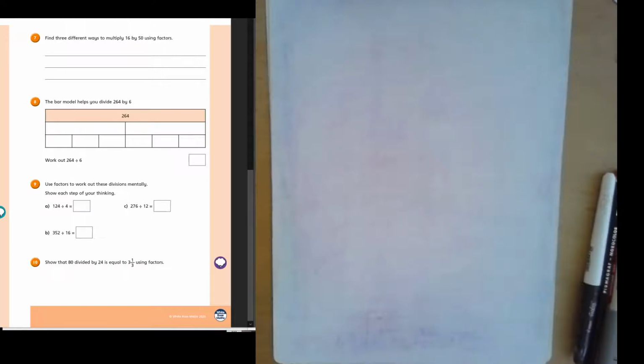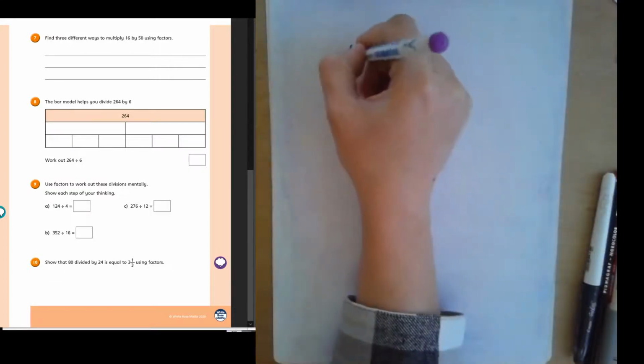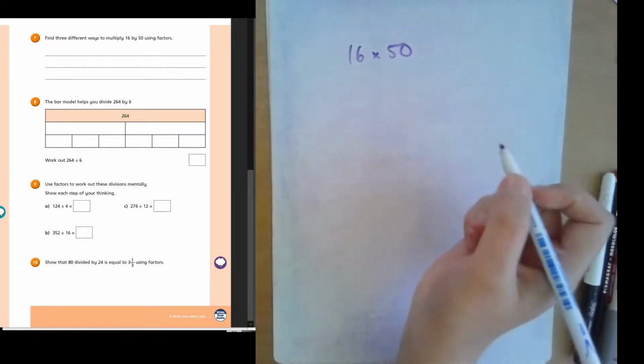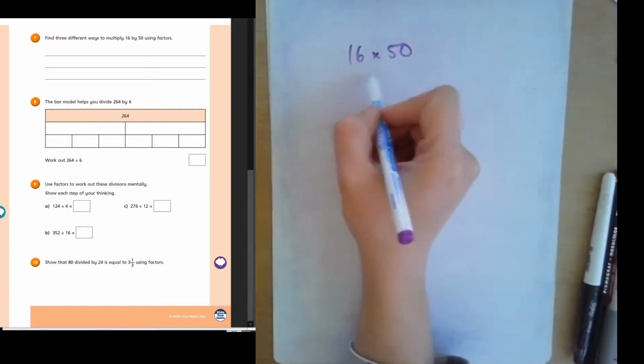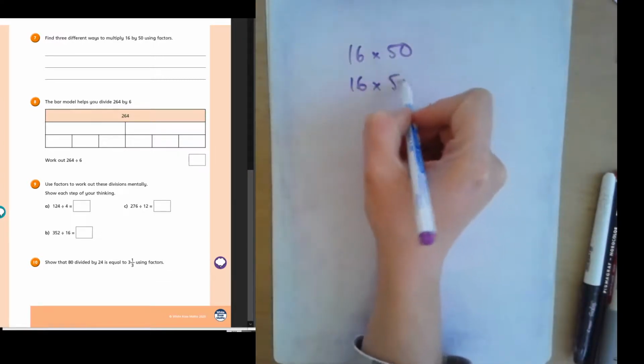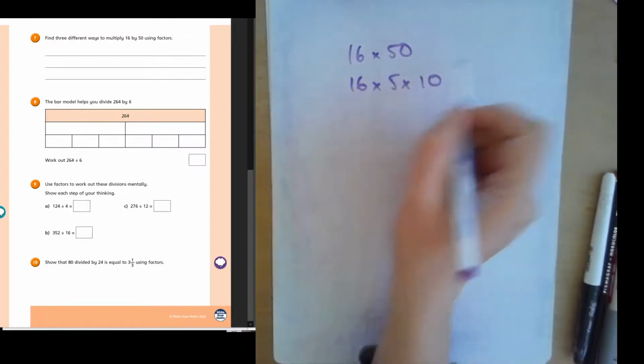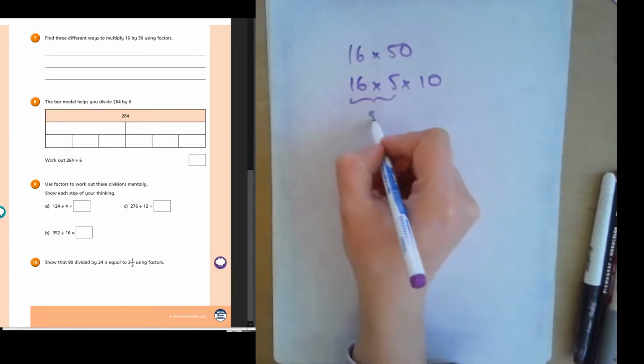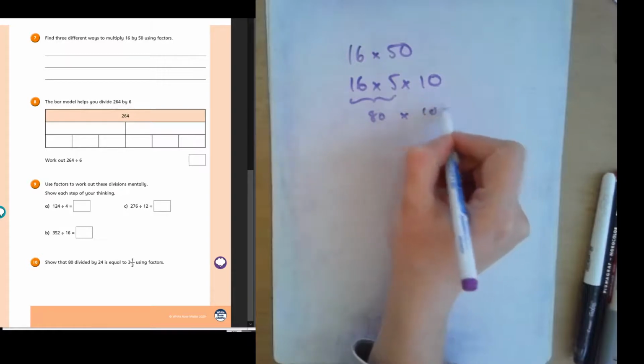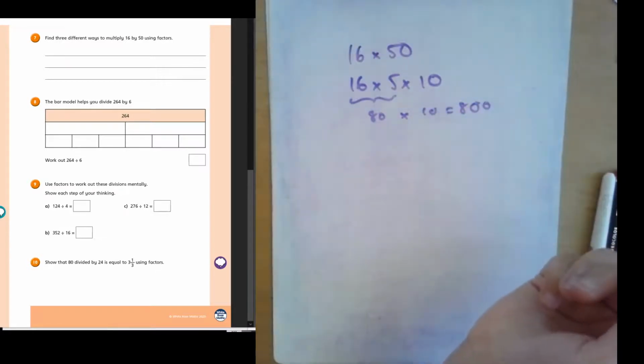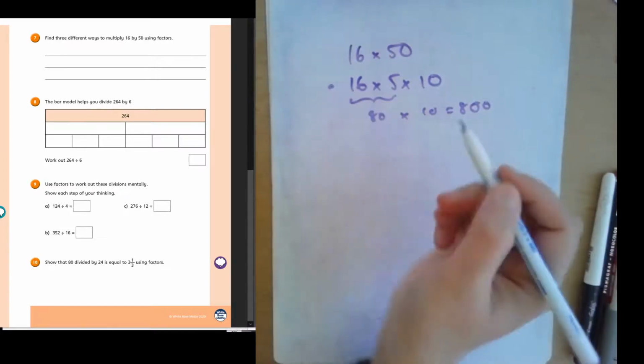But there are a variety of ways that you could be doing this. Okay, so I've got 16 times 50. Well, one way I would do this is I would say, well, it's 16 times 5 times 10. So 16 times 5 is 80, times 10 is 800. Okay, that's method number 1.